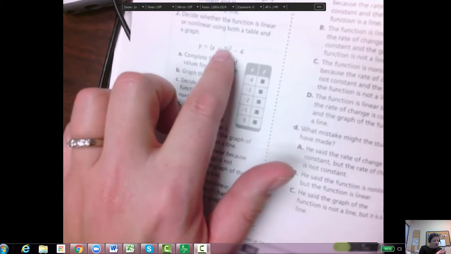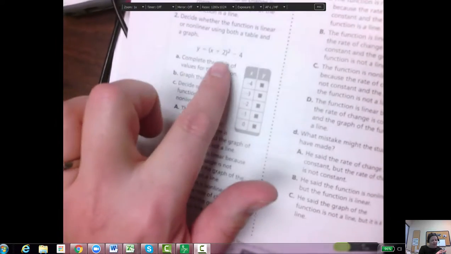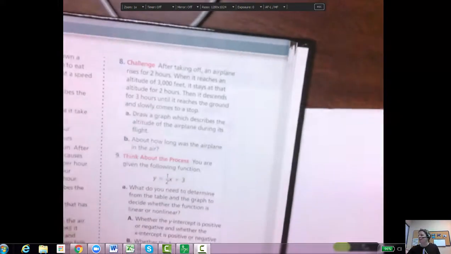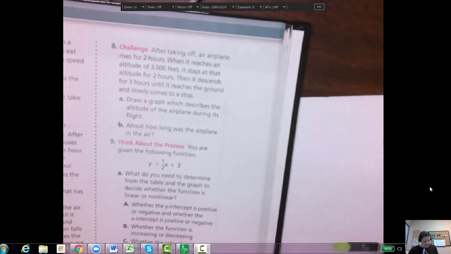And then you have to use the graph. Well, the graph isn't what I'm worried about. You can plug in numbers, add them, square them, minus. That's not the problem. Is this going to form a line or not? Well, fill out your chart and graph it. Is it a line? Yes, no. So you're going to have to plug in some values in order to figure out if something is a line and is a function.